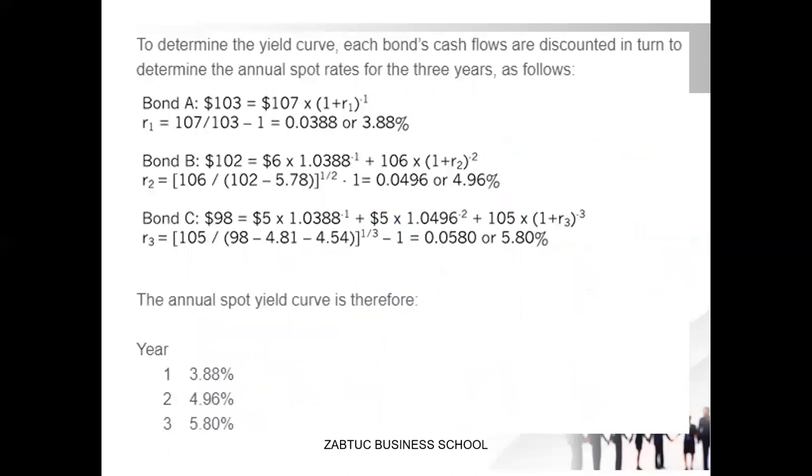This is the same method, another approach arriving at the same answers. And the spot yields are still here.